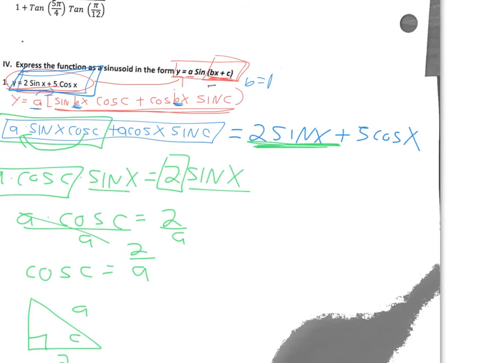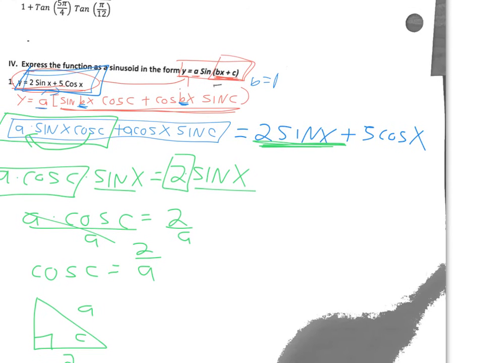Okay, then this next part, let's see if I can use a different color here. All right, so if I use yellow. Now, if I go back up, this A cosine of x times sine of c, I'm going to set it equal to cosine of x because they both have a cosine of x that are common with each other. All right, so let's see if I have space.